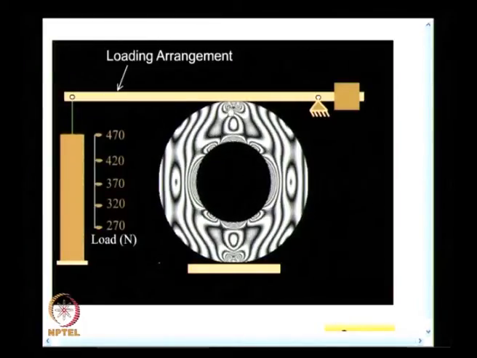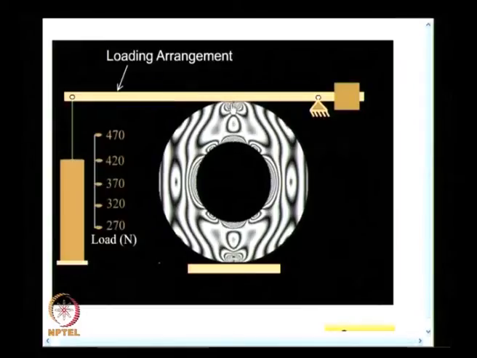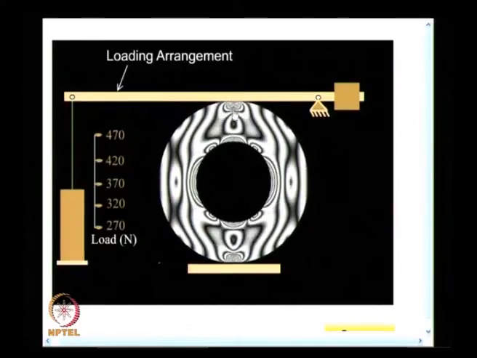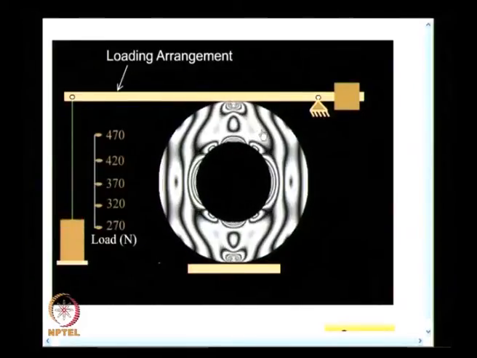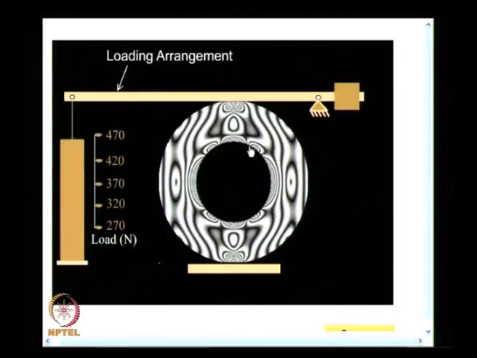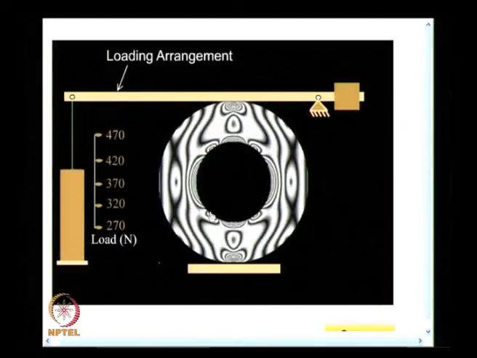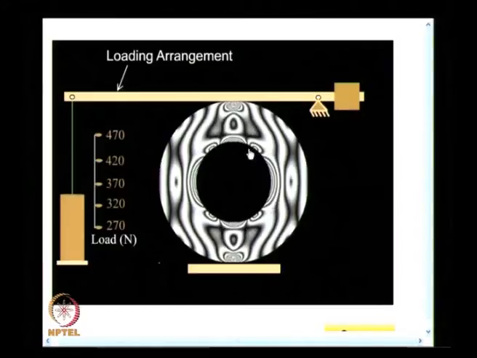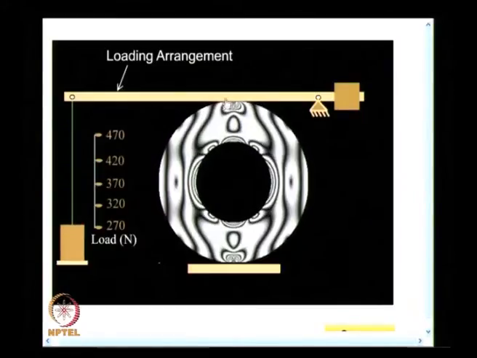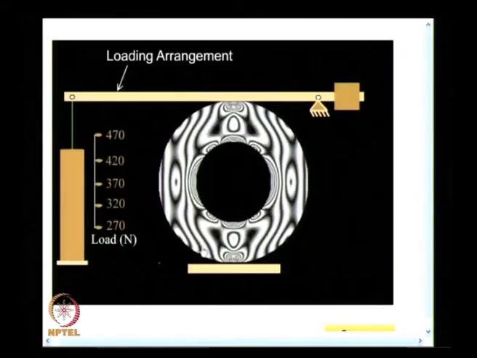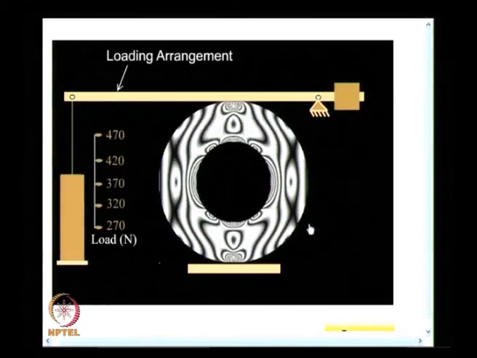So, essentially the load is increased and fringes form and then move out. The inner surface of the ring is a free surface, as well as the outer surface except the load application points.